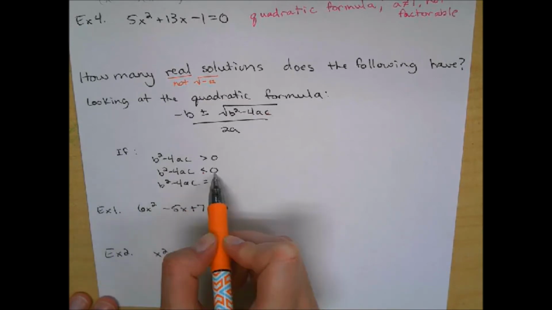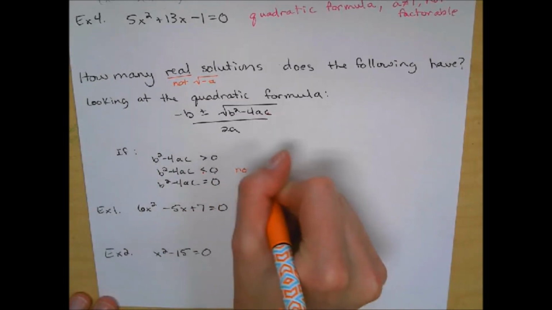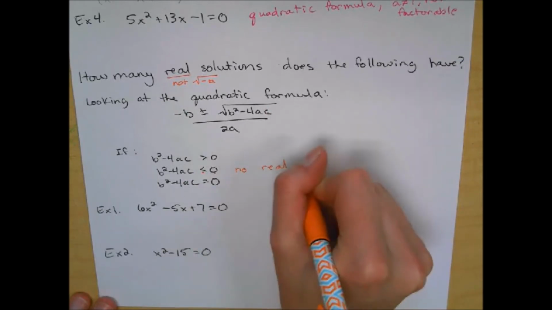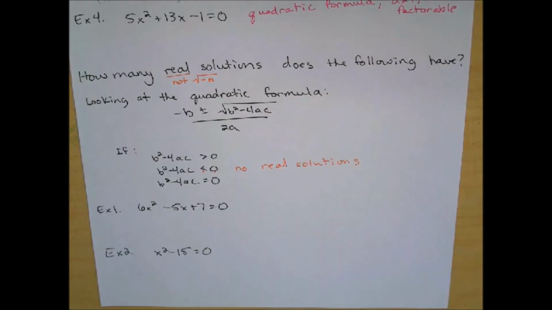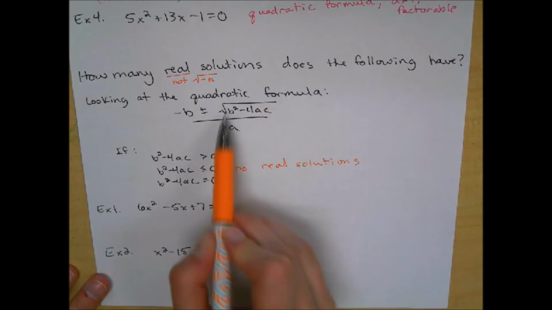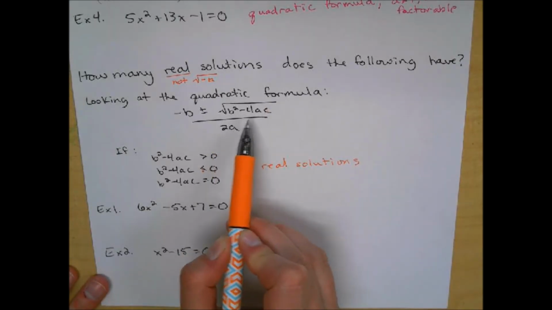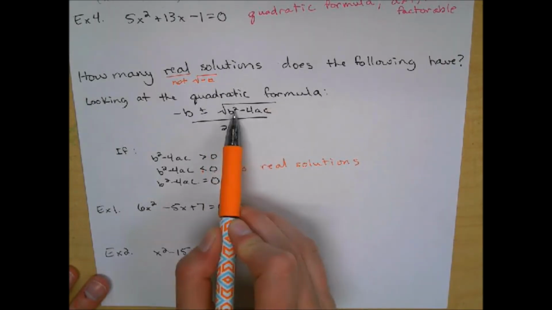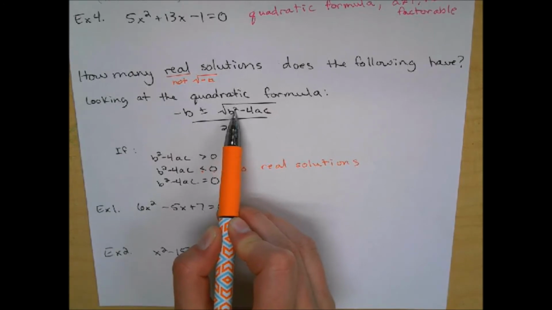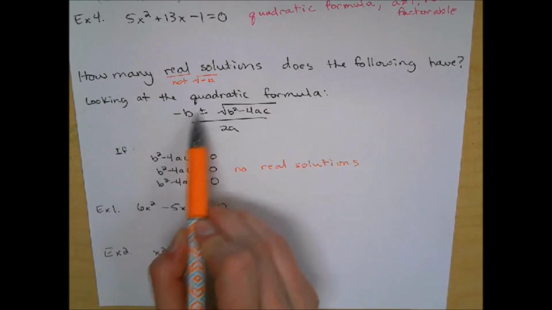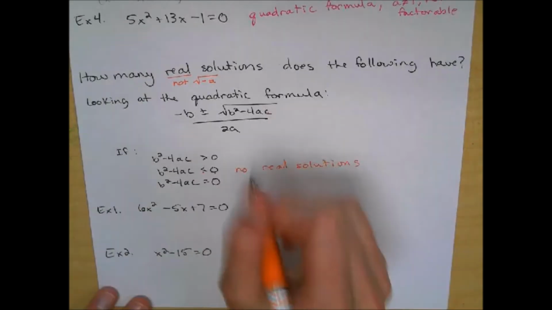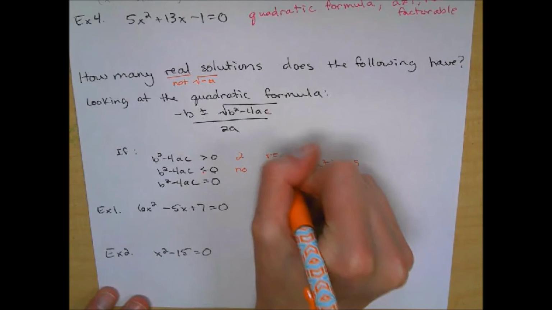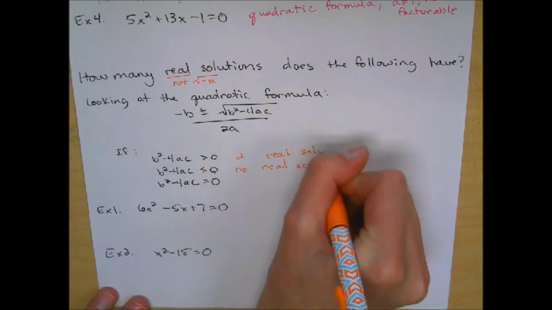So if this piece is negative, if it's less than 0, it's not going to be real. So if we have this situation, we will have no real solutions. If this piece is positive, then I have the square root of a positive number. We can do that. I would then have negative b plus that number and negative b minus that number. So here I would have two real solutions.